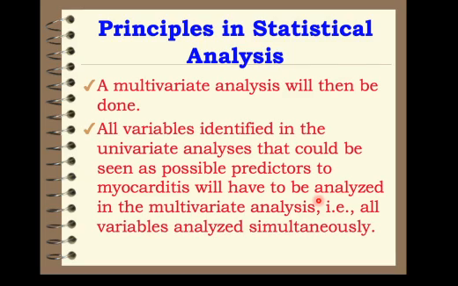Because a while ago, with univariate analysis, though we have many independent variables, we analyzed these independent variables one at a time. So that's still univariate analysis. But with multivariate analysis, we analyze all variables simultaneously. That's multivariate analysis. So that basically, class, is the principles behind statistical analysis.